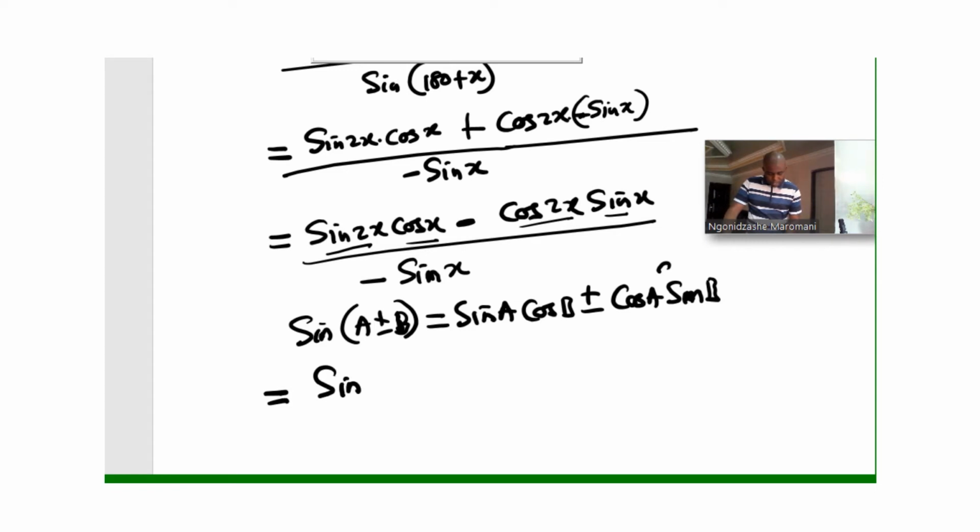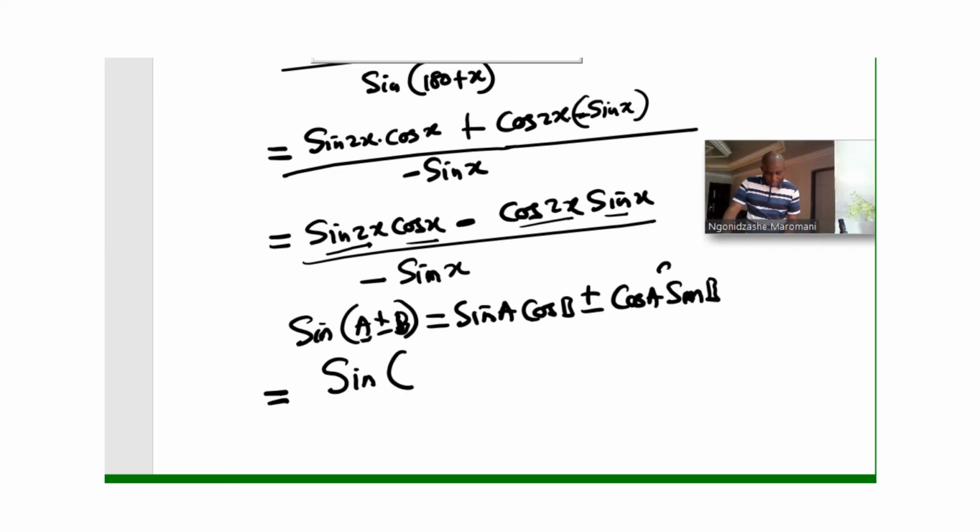sine of 2x cos x. Okay, actually let's just write it in full, which means it becomes sine of open bracket.